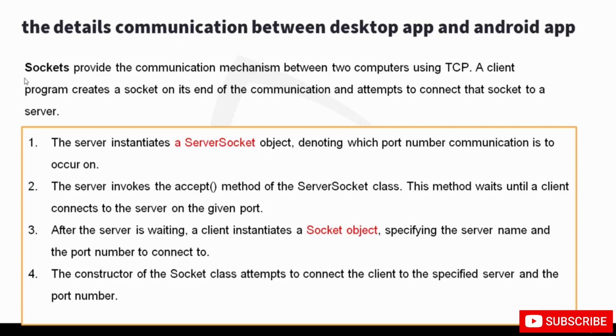Third, after the server is waiting, a client instantiates a socket object, specifying the server name and the port number to connect to. Last, the constructor of the socket class attempts to connect the client to the specified server and port number.